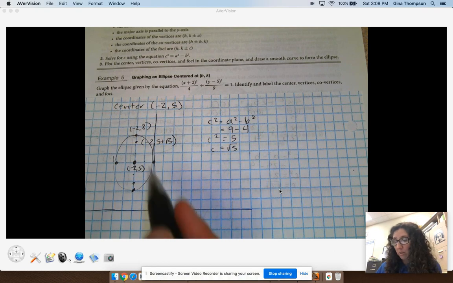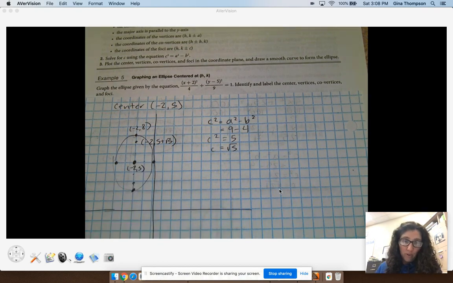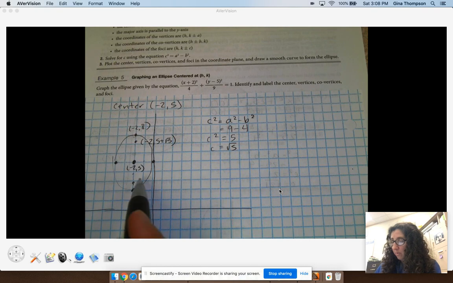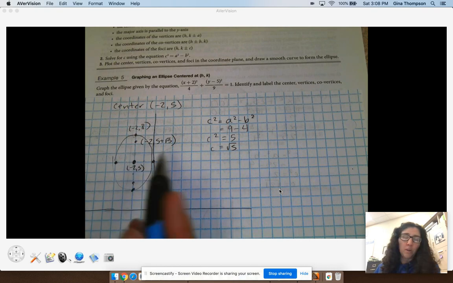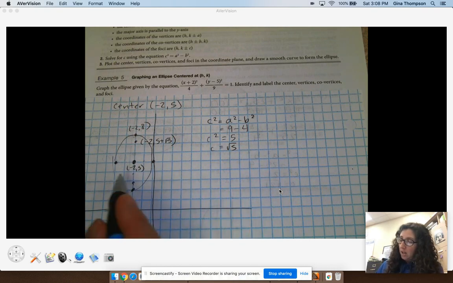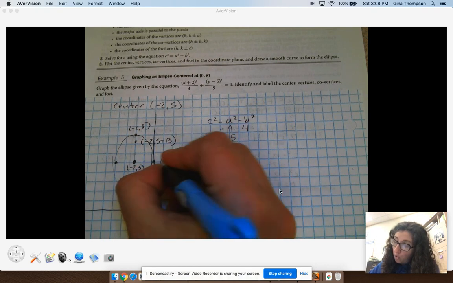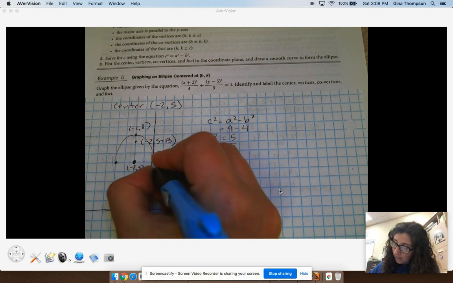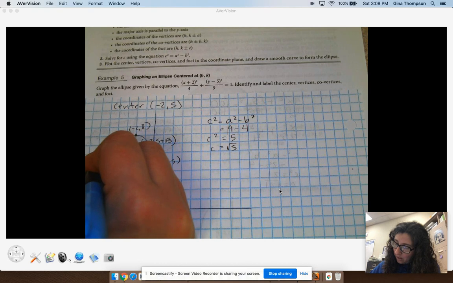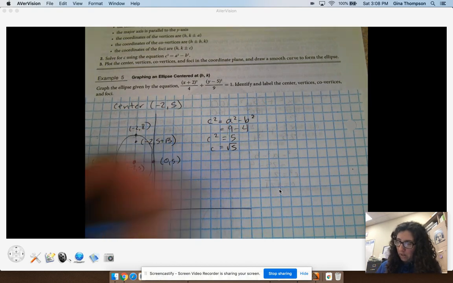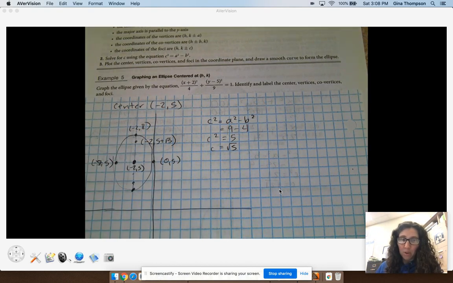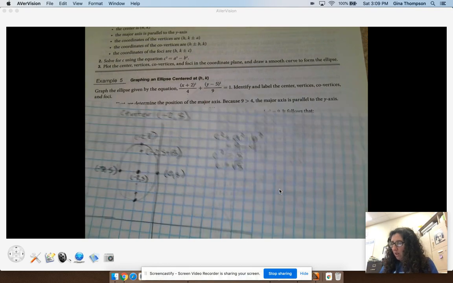For that focus, and this would be 5 minus square root of 5. I said I wasn't going to do it, and here I am just doing it all. This co-vertex is 0, 5, and this one is negative 7, 5. Right? And we can keep going. All right.